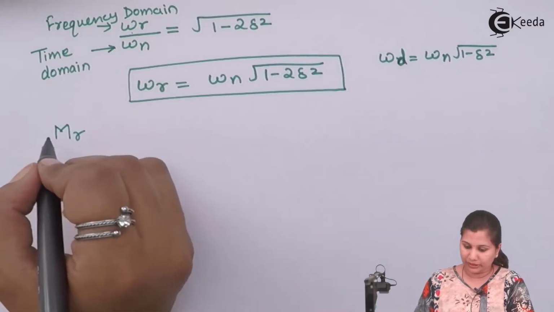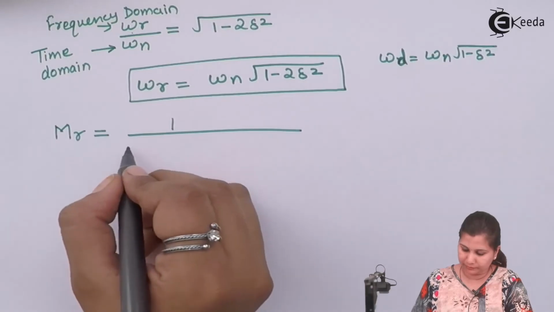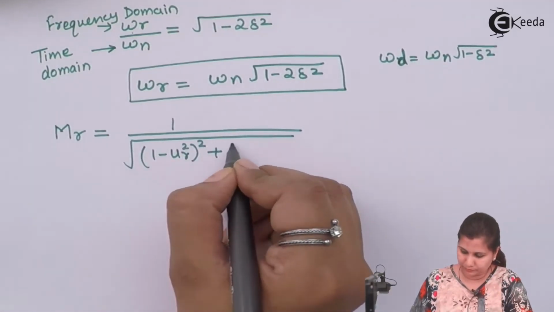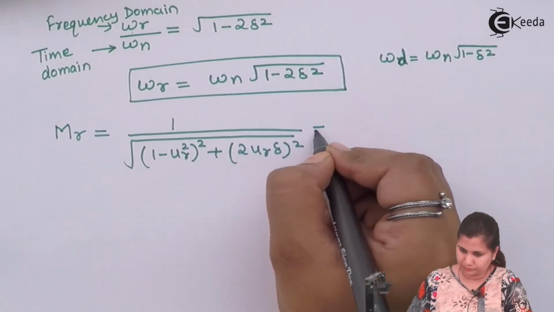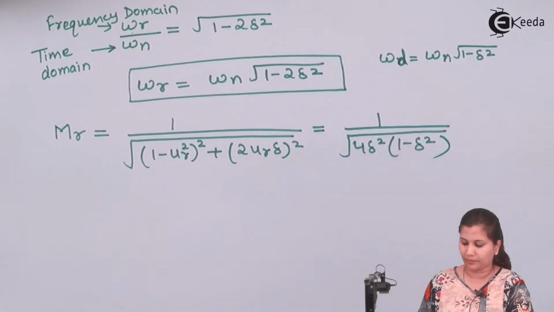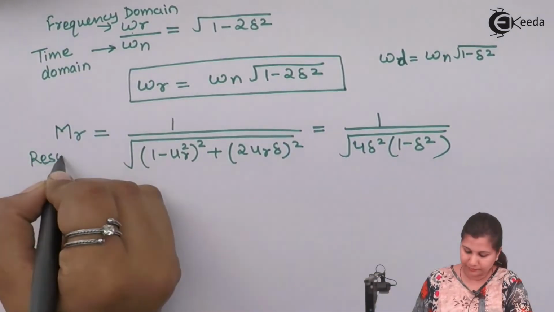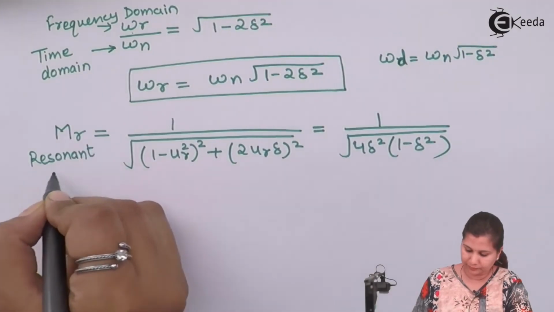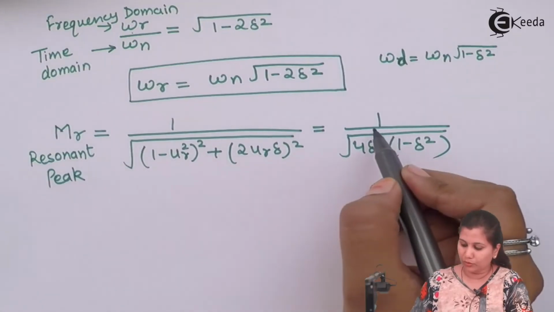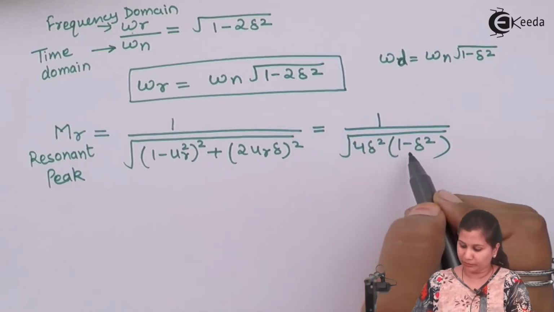So when we calculate resonant peak, this is Mr, that is resonant peak, which is equal to 1 upon under root of 4 del square multiplied with 1 minus del square.